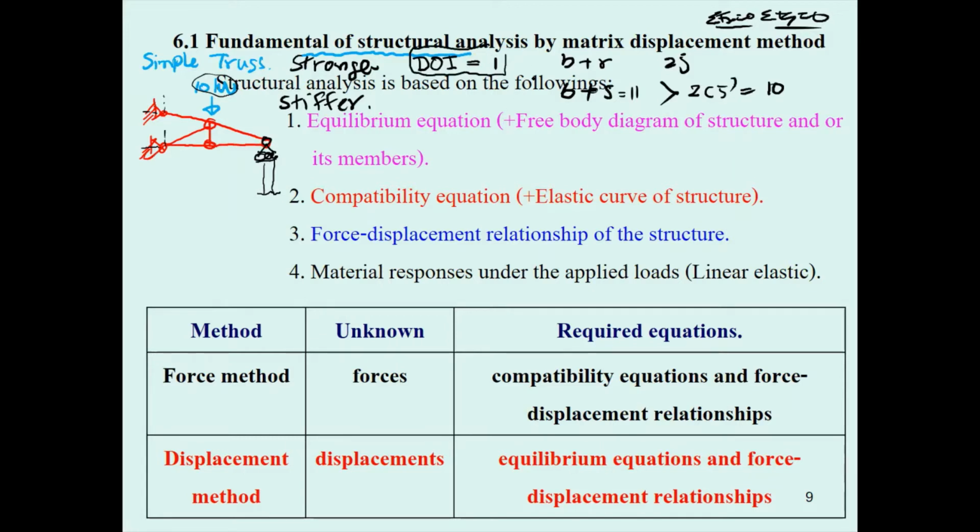When you analyze this, for sure you're going to use the free body diagram and use the equations of equilibrium to solve it, right? But that means you won't have enough equations to solve for 11 unknowns. That means you're going to use the method of consistent deformation. You separate this truss into 2 trusses.